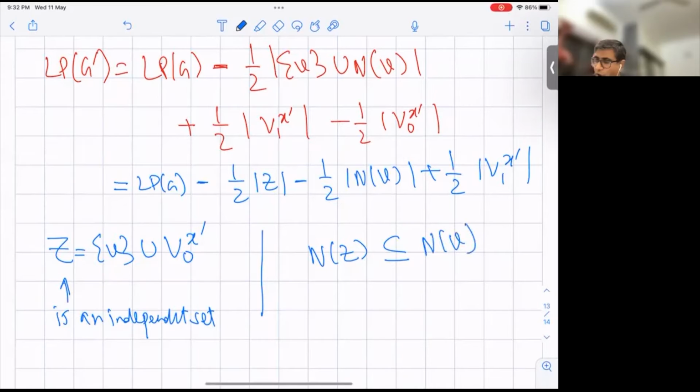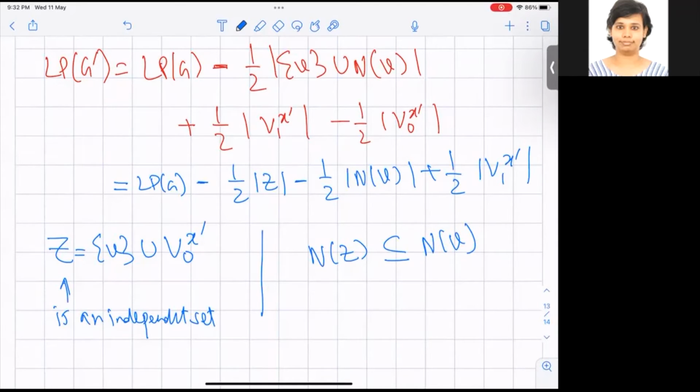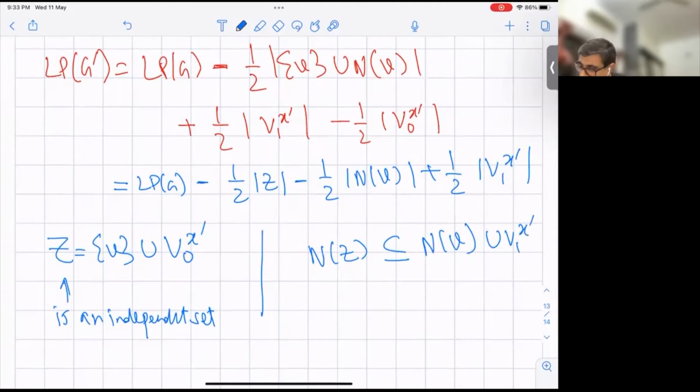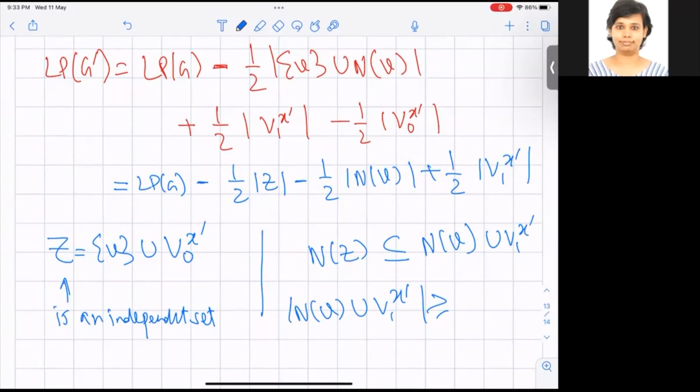And where is the neighbor of V0 of X prime contained? In V1 of X prime. Correct. So what can we say about this? This is at least Z plus 1.